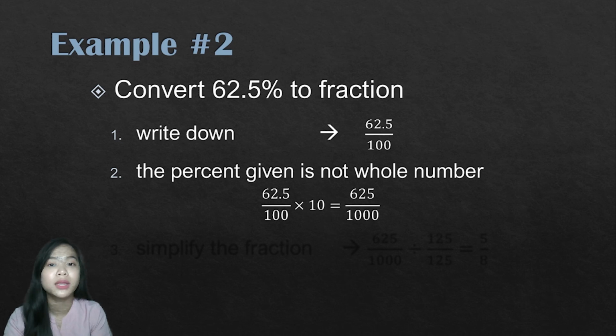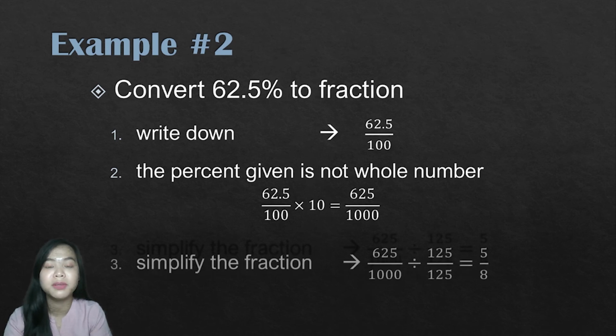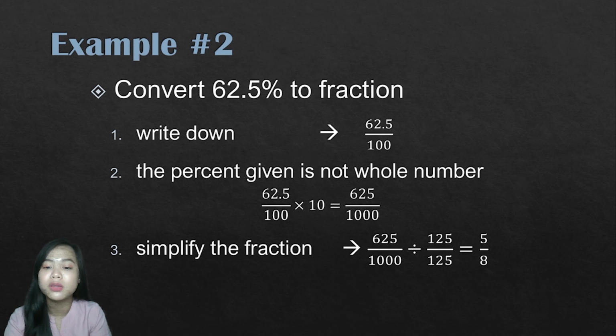625 over 1,000. So let's simplify this product, 625 over 1,000. Simplify it and reduce it to lowest terms. So 625 over 1000 can be divided by 125 over 125. That is their GCF.